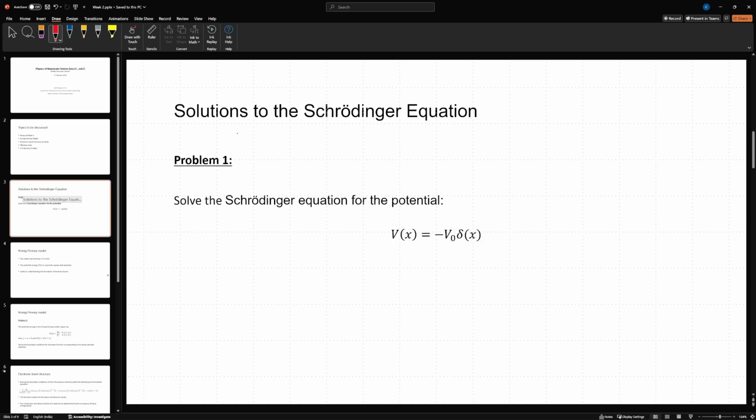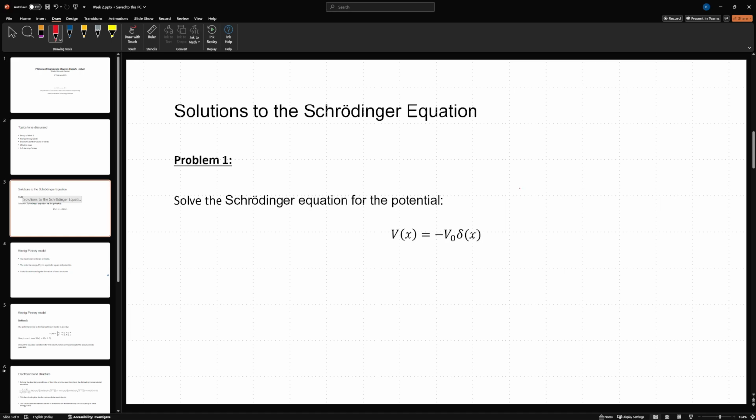So this is the recap. Most of the week 1 session was spent on discussing solutions to the Schrodinger equation. Essentially, when we are looking at solutions to the Schrodinger equation, we are considering this equation here.